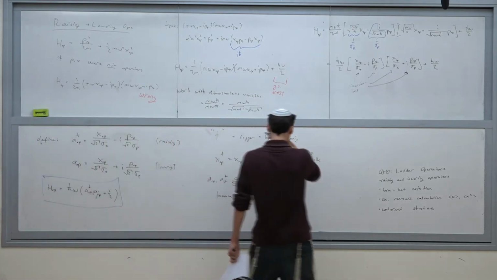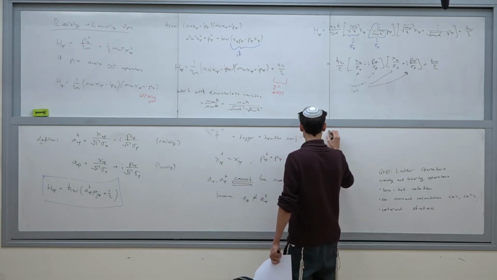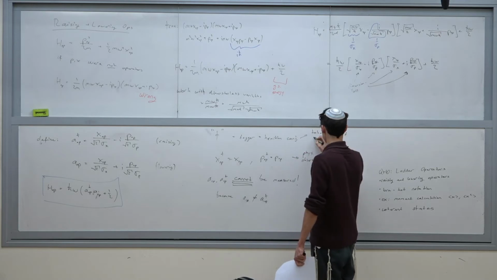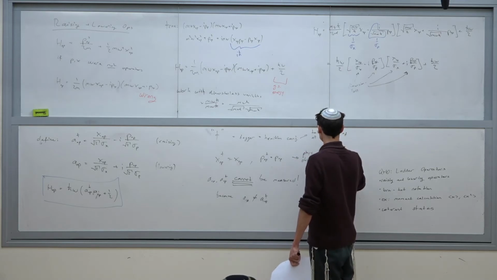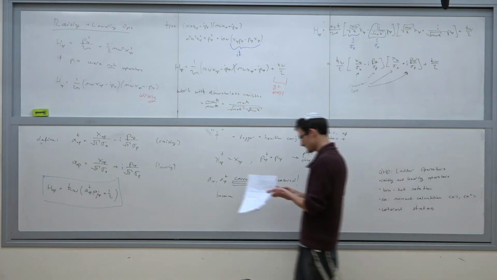Hermitian conjugate means take the Hermitian conjugate of all operators, plus take the complex conjugate. So you turn i to minus i.